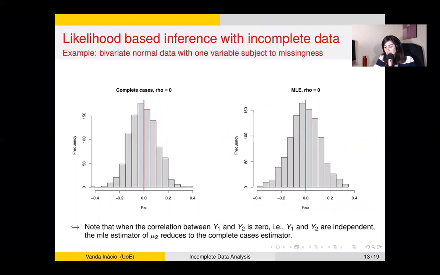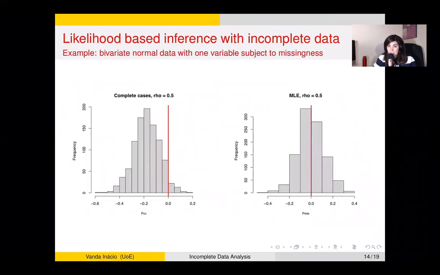Now exactly the same thing, but the correlation is 0.5. We see that with complete case analysis, the behavior starts deteriorating, because we are ignoring the information that comes from y1 to estimate mu2. Whereas for maximum likelihood estimation, we are taking into consideration all the information that we have available.